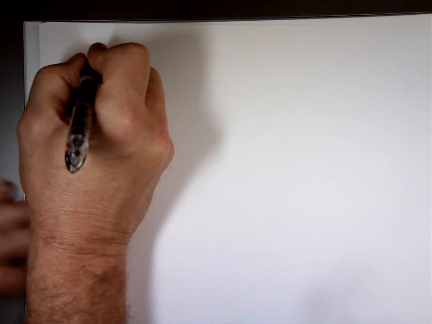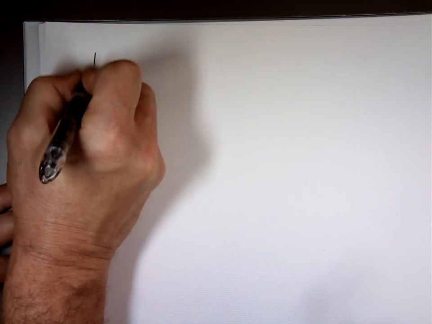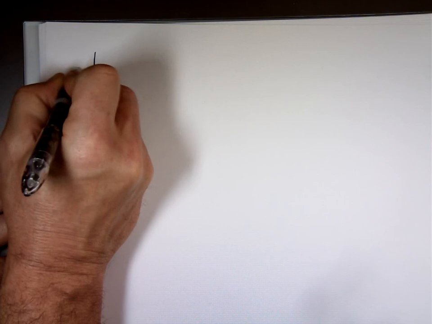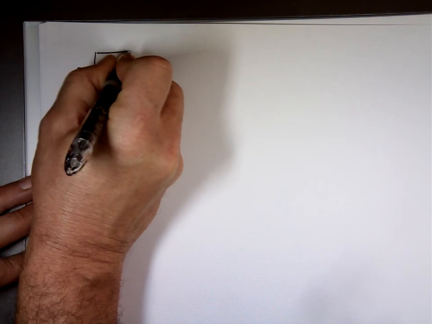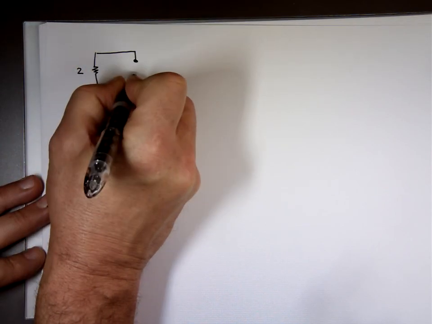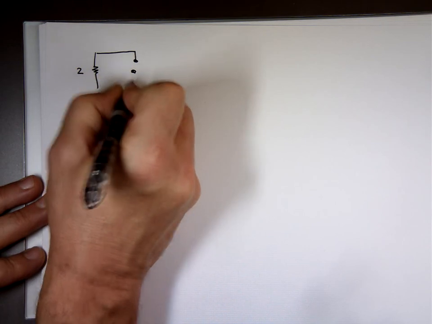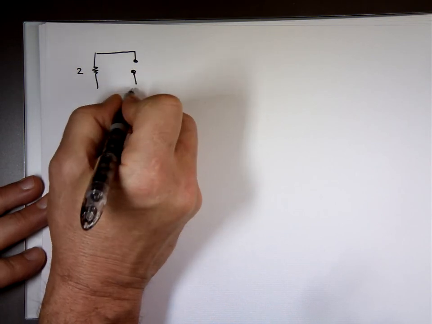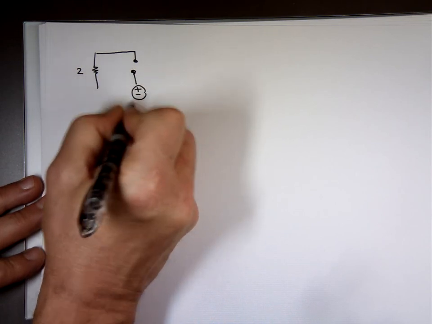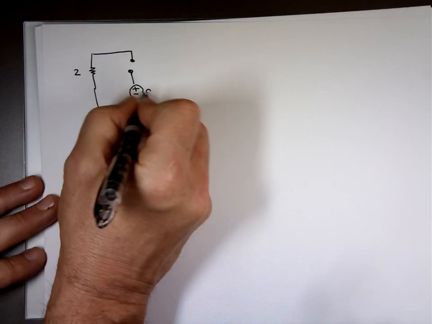Let's say we have this circuit. 2 ohms here. Again, the same story here. I'll have a 9-volt source. I'm getting bored again of the same look, but I'll switch shortly.